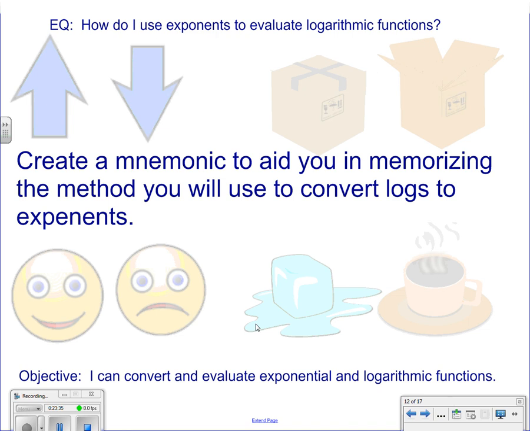This mnemonic is something that is just for your benefit. You need to write it on the bottom of your notes. Remember, we had two methods, the labeling method and also the circle method, but you need to come up with a way to memorize how to do one of those two methods. This concludes the lesson for 13-4.